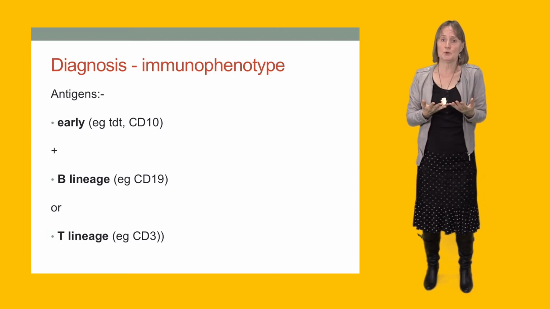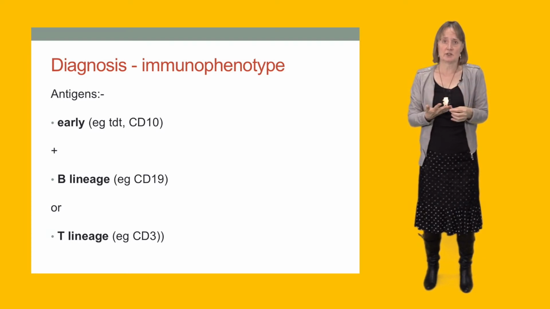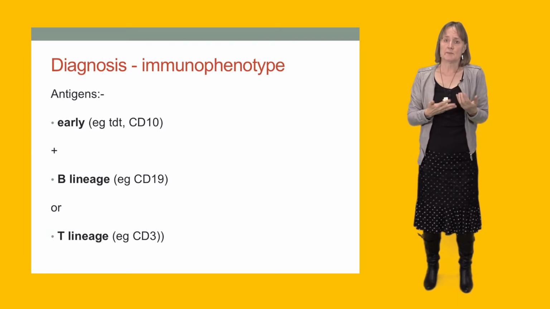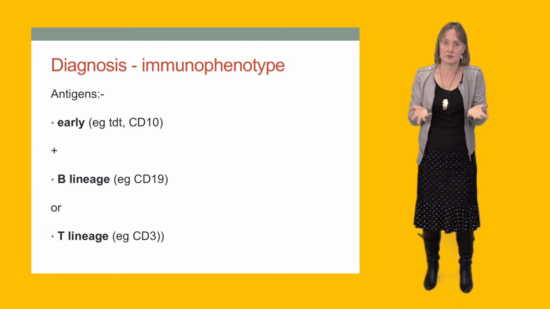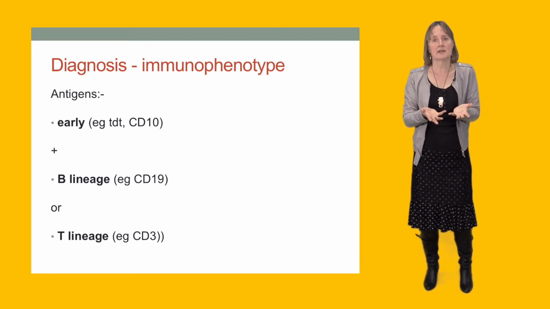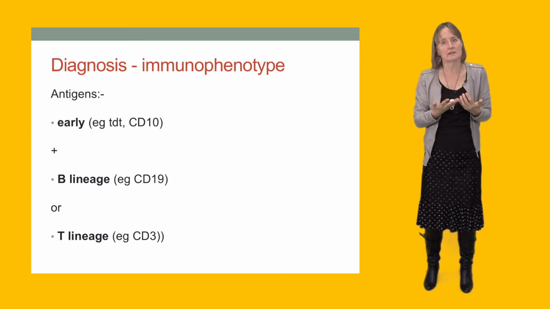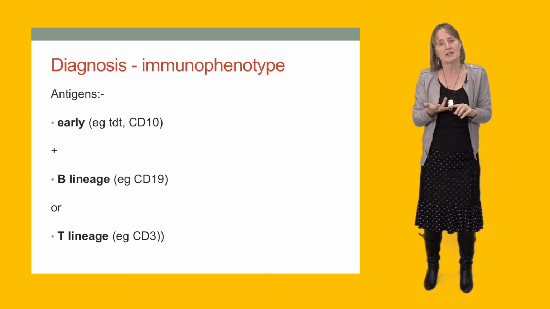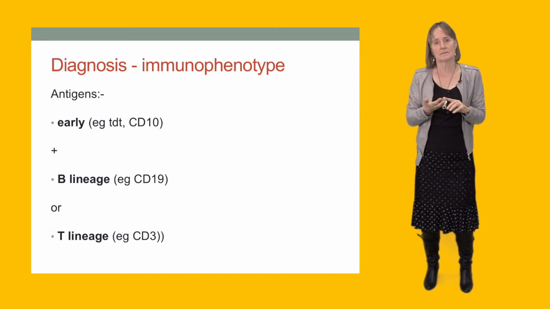We need to prove that the blasts are lymphoid in origin by looking at the antigen expression on the cell surface. So we do this usually by flow cytometry, detecting antigens on the blast cell surface. And the things that make us know that this is ALL are a combination of early antigens.